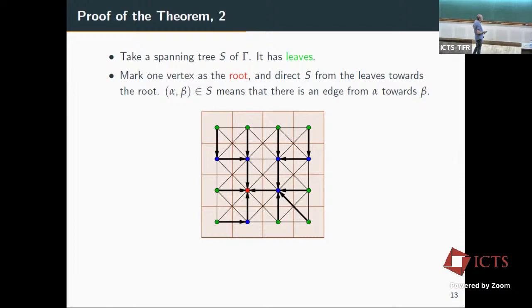So the idea is that now we are going to show how to create regions of volume 1 over n inside each of the cubes, and we are going to do it starting from the leaf.